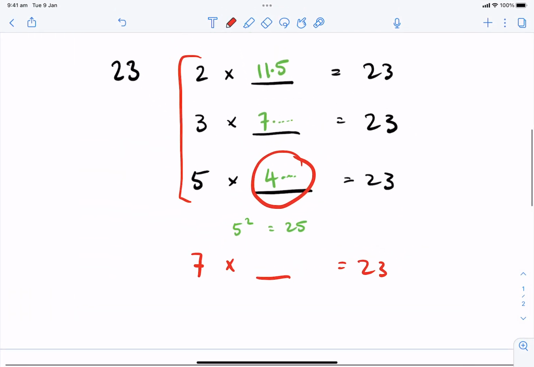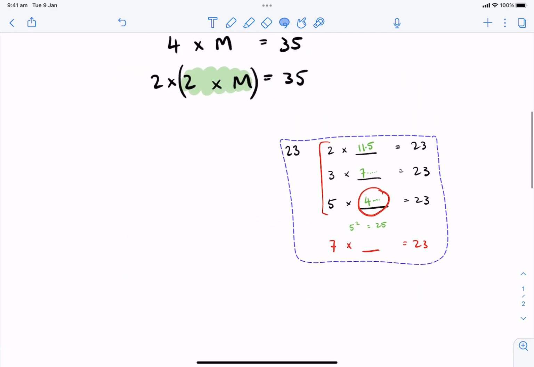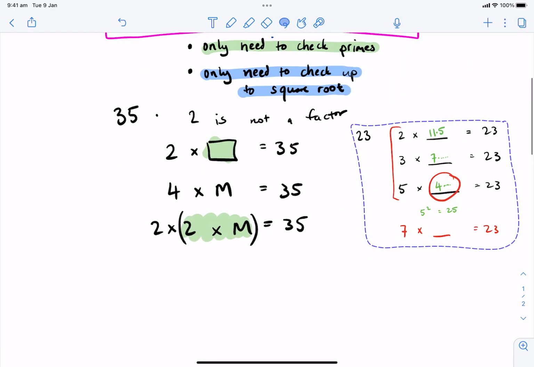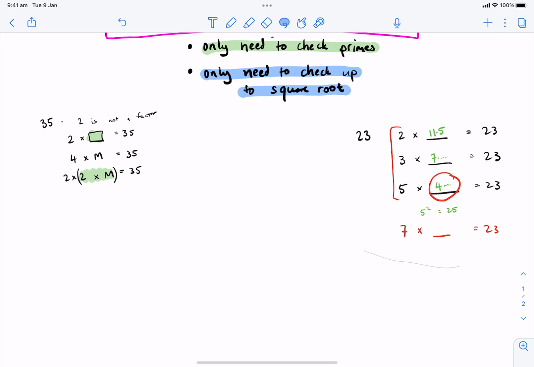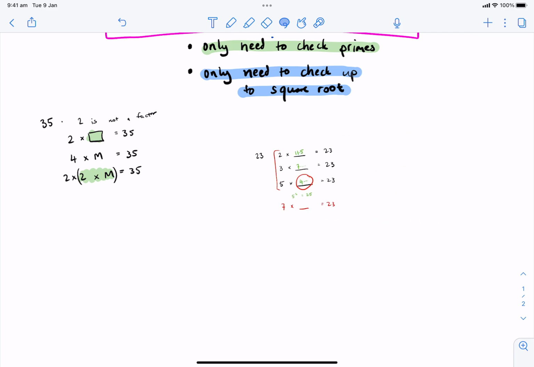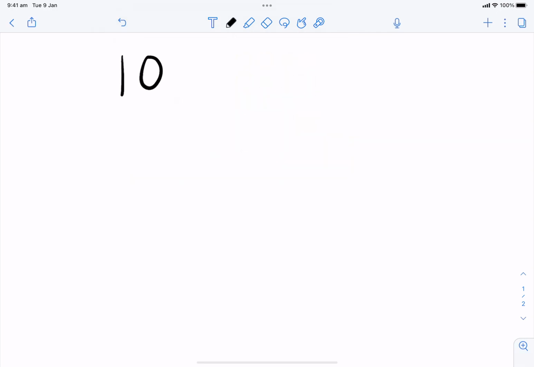So putting all those things together, let's have a good think about how we would go about this number, 1061. 1061 is my number.